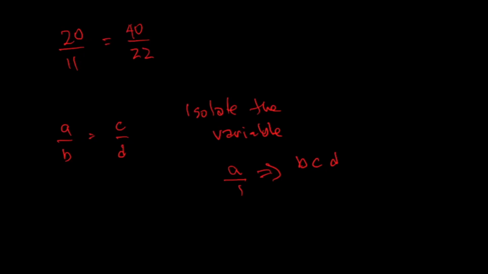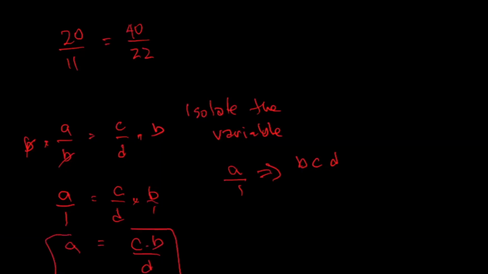So if we want to isolate A, what we usually do is multiply both sides by B. That way B is canceled. And we get A over 1, because any number over 1 is just that number, equal to C over D times B, or C times B over D. That's isolating the variable.